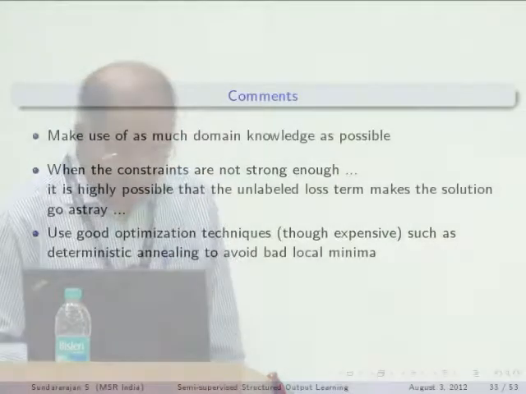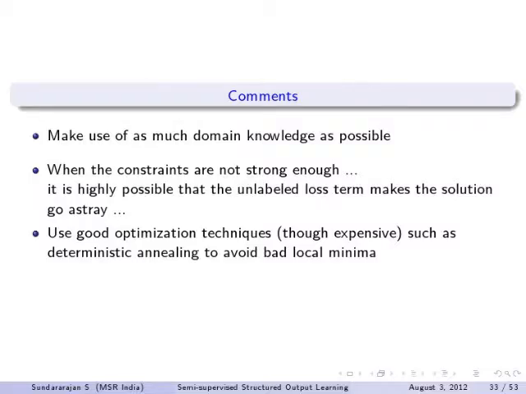But I just want to make some final comments. One is, in solving this semi-supervised learning problem in a structured output setting, make use of as much domain knowledge as possible. Particularly when you are using this unlabeled loss term, we observed that if the constraint you are using is not strong enough, the solution you get can be really bad.